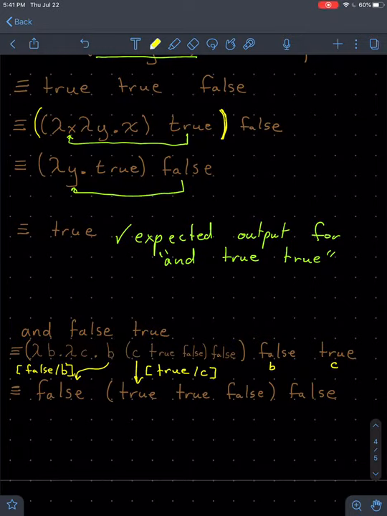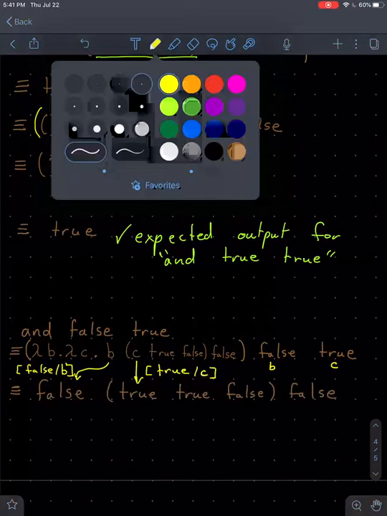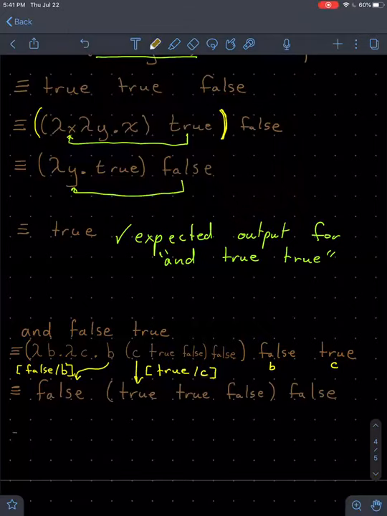What's our next step? Can we finish this in one step? That's going to be my question for you. So we actually only need one more step. Maybe two if you write the definition of false out.